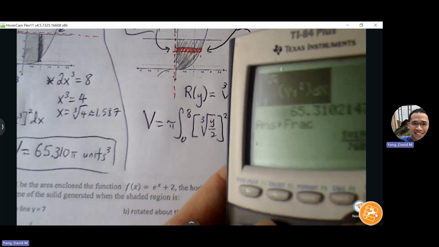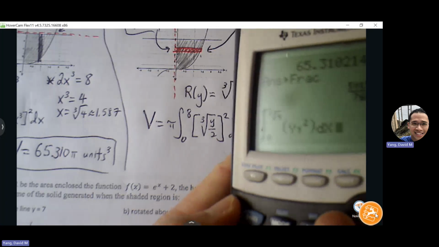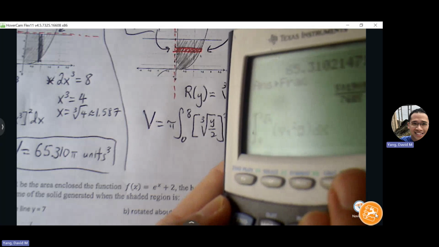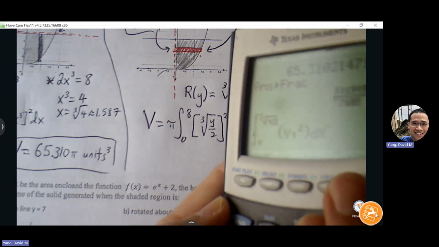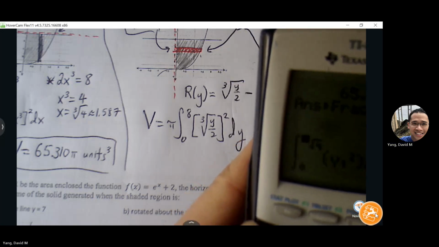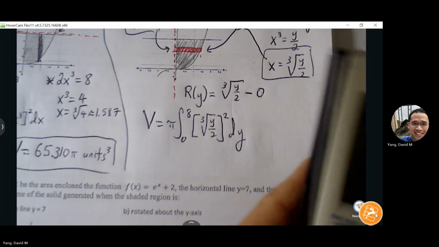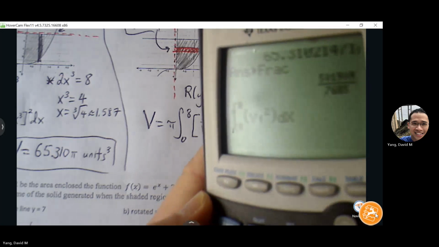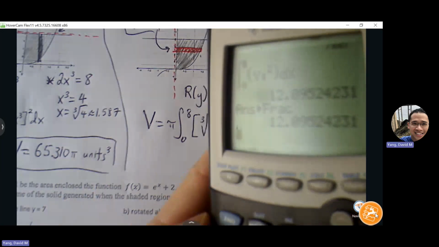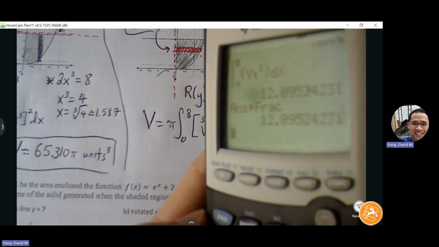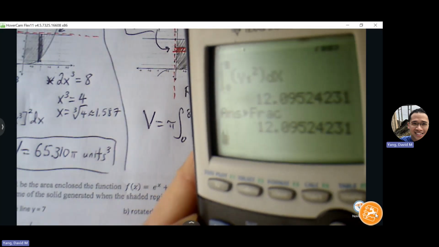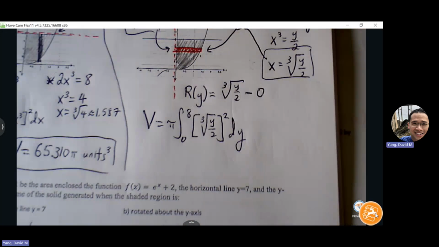I can just reuse what I already typed in before, right? I can still keep that y1 squared. My integral is still there. I can just scroll up and reuse the same setup. I just have to change my upper bound there to 8. Okay, doesn't convert to a nice easy fraction for me, so I can just say 12.095 pi units cubed. Good.